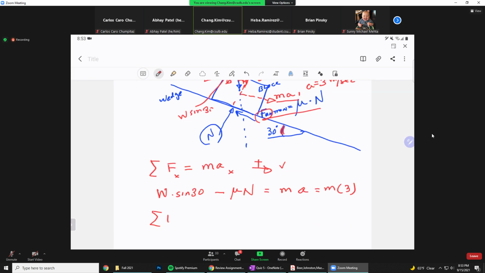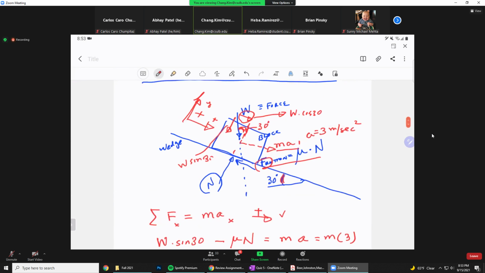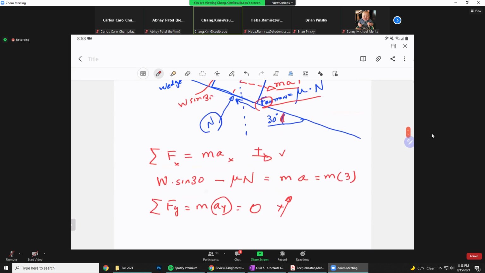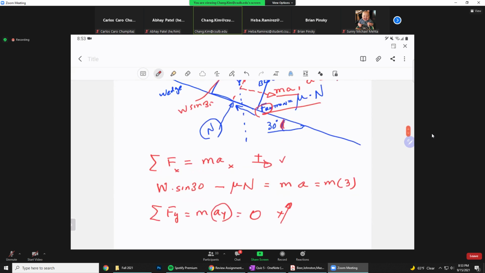What about the motion in the y direction? I do not have acceleration in this direction, so that's going to be equal to 0. The upward direction I'm going to call positive.